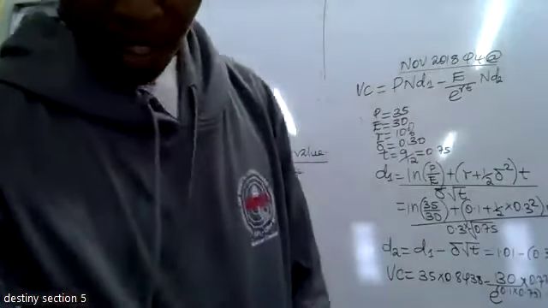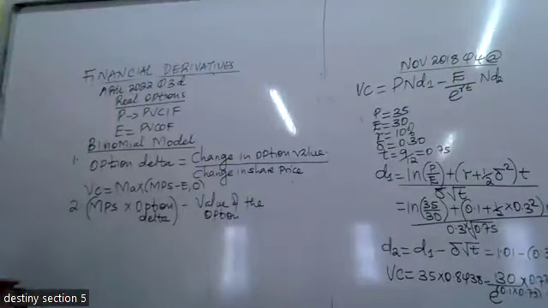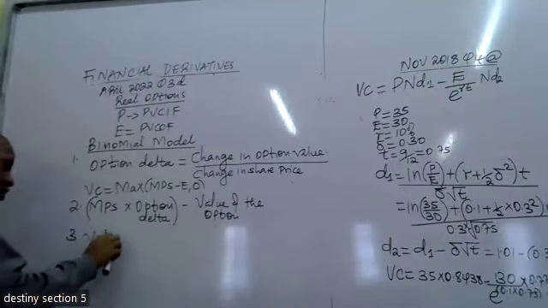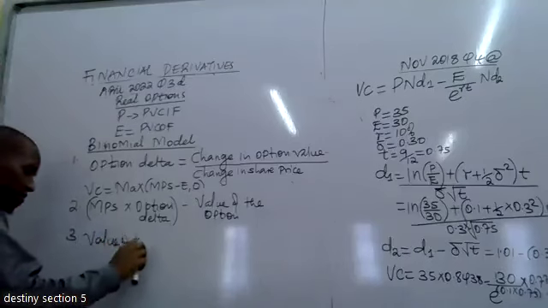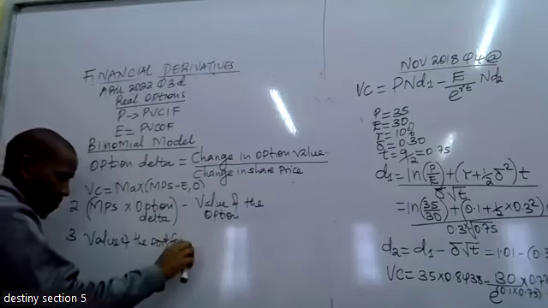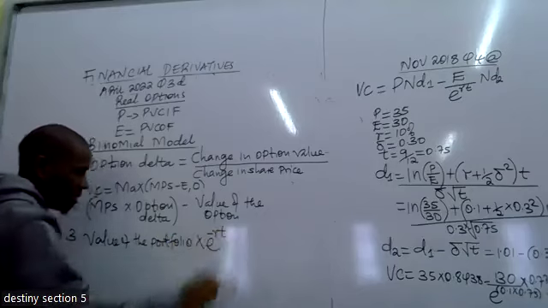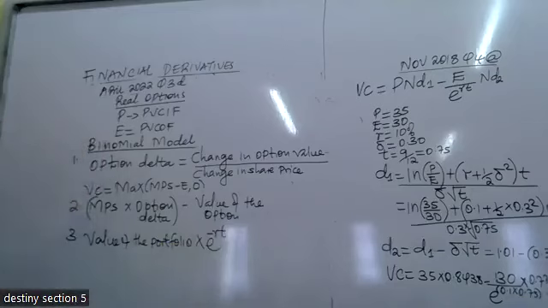This will be given by the value of the portfolio multiplied by exponential negative RT.